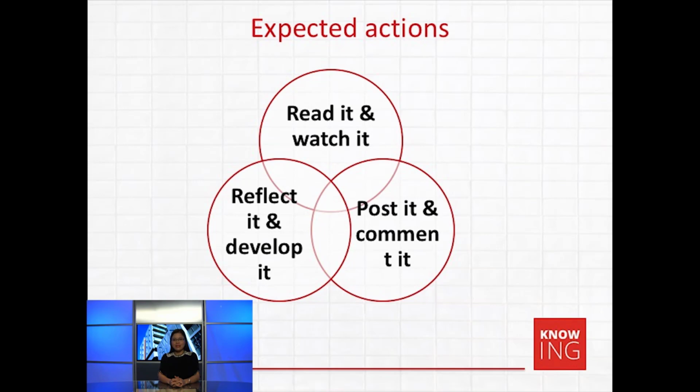Second, post it and comment it, meaning that you should post your answers related to each module's activities and respond to others' posts on the Blackboard or Canvas discussion board. And finally, reflect it and prepare it, meaning that you should reflect on the key lessons learned from each module and gradually develop relevant sections in your final research impact canvas as you go through modules 1 to 8.